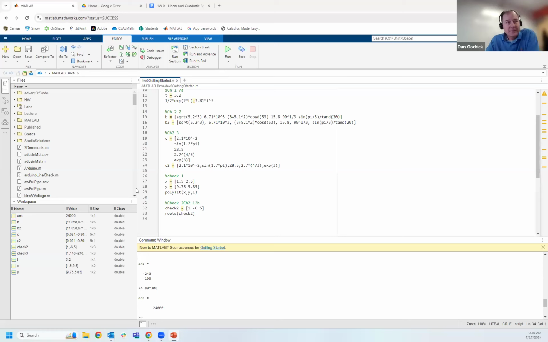All right, actually, I'm going to do one more polyfit example, and let's just do that one from class. We had our car, it was going fast, or maybe it was going fast, I don't know. We had two data points.